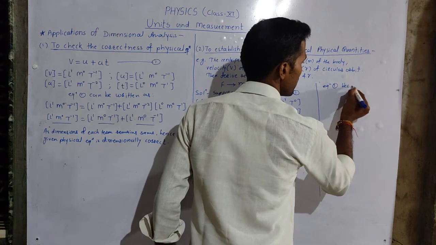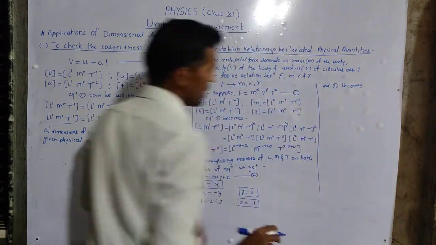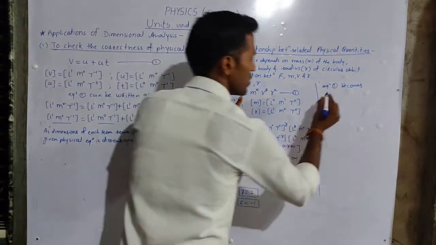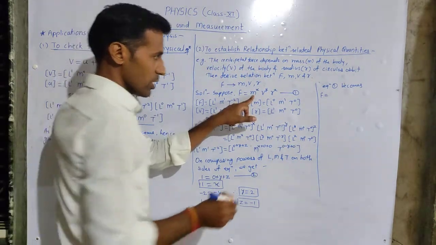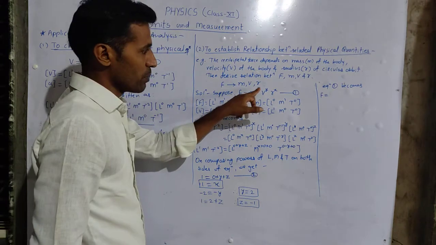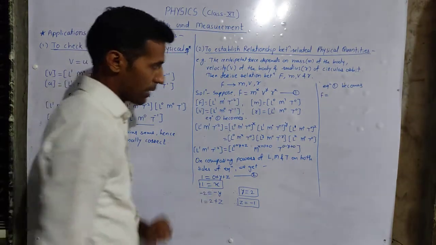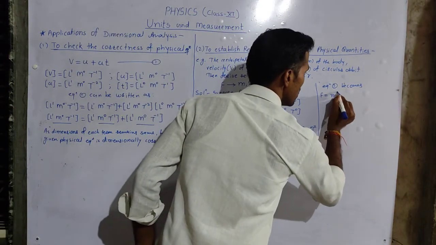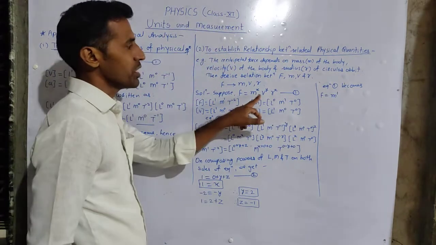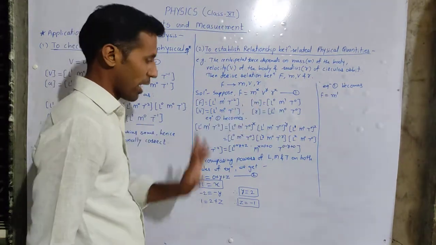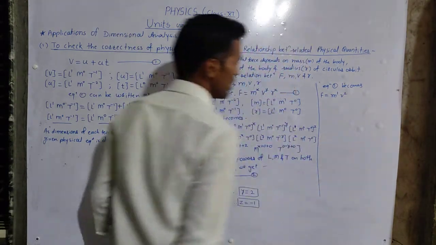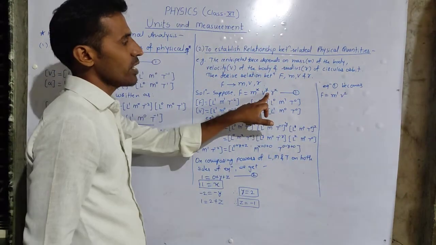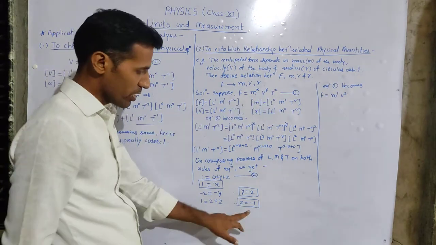Equation 1 again can be written as, left side is the force, is equal to M, and power of M is X. X is nothing but our 1. M to the power 1, then into V to the power Y. Y means 2. Then into R, and power of R is Z. Z means minus 1.